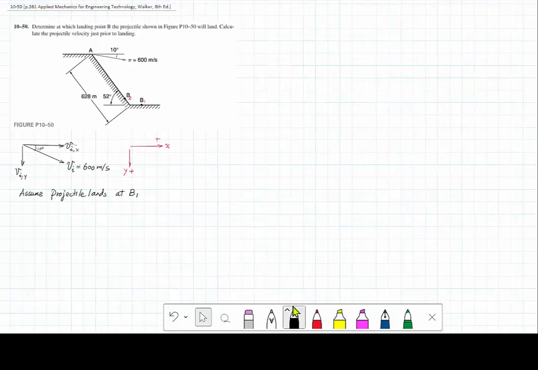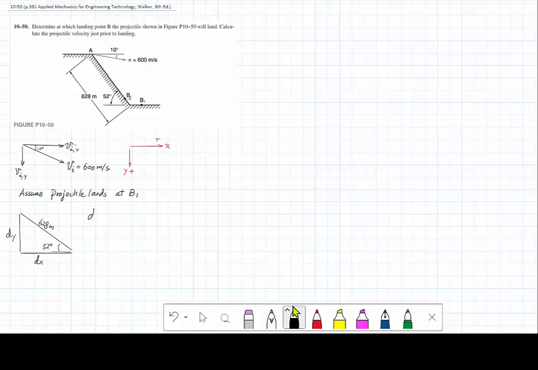Now let's figure out the geometry of the incline. The incline has a length of 628 meters with a slope of 52 degrees. We can treat this as a right angle triangle, where dx is the horizontal distance and dy is the vertical distance.